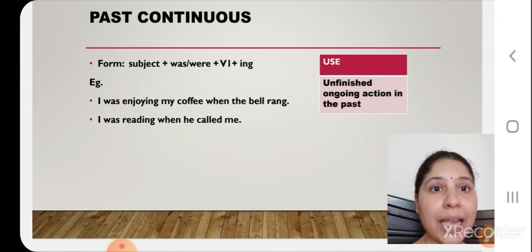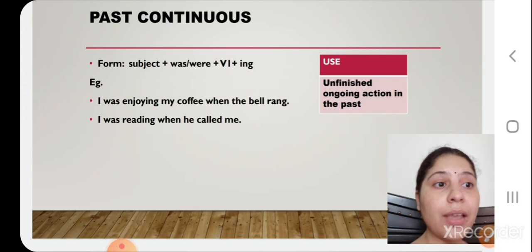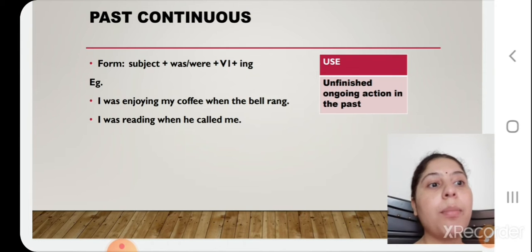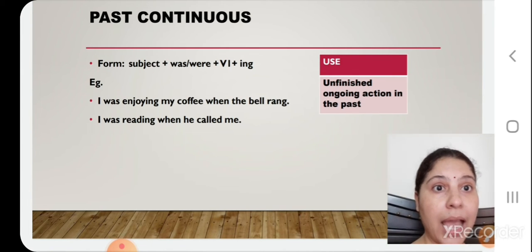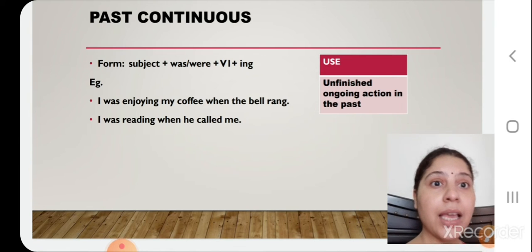So this activity of drinking coffee was going on when the bell rang. The bell rang in the past, and before that, this enjoying of coffee was taking place. So it was interrupted by the ringing of the bell in the past.